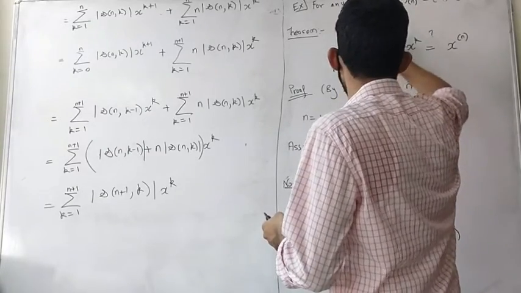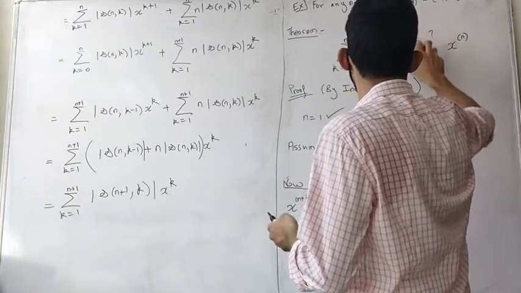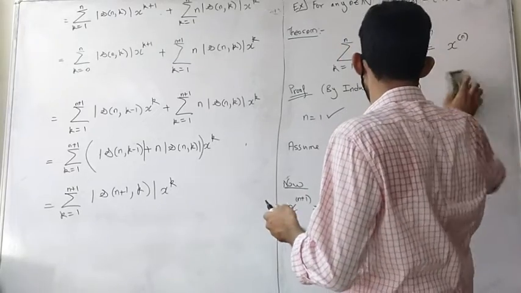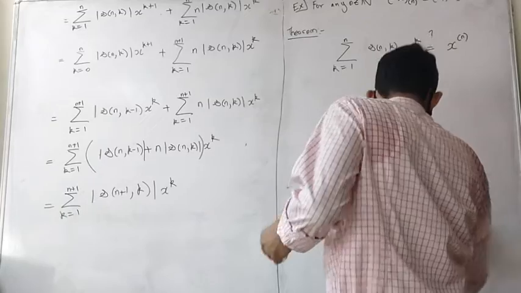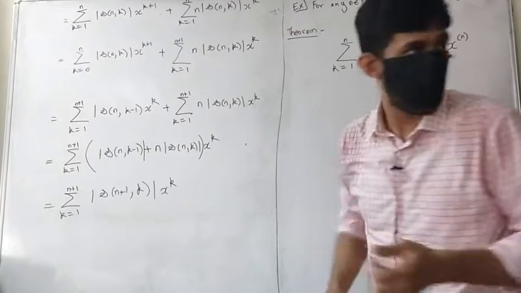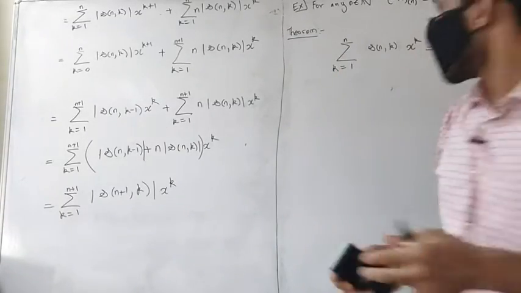So we want a generating function for the signed Stirling number.